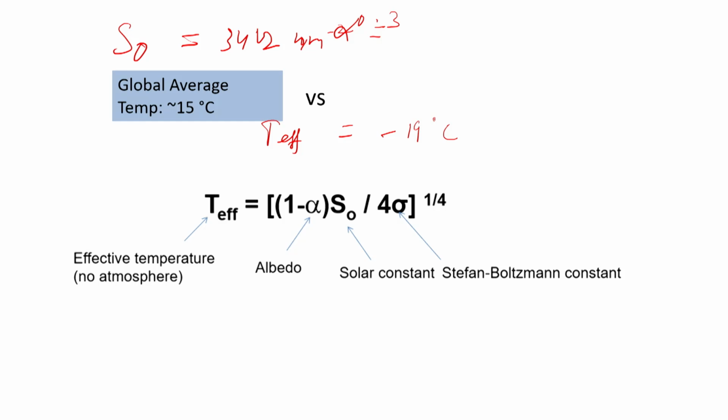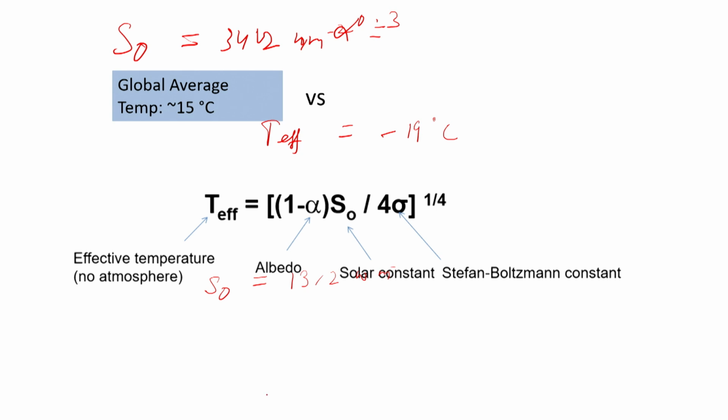Mind it, there are some issues here. Sometimes S0 is used as 1372 watts per meter square; in some of the literature you will see it used as 1372 watts per meter square. In this one, the factor 4 is included because the surface area of the Earth is 4 pi r square. If you use this equation with the 4, then you have to use 1372 watts per meter square.